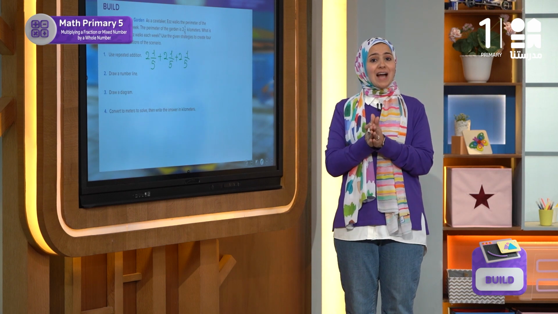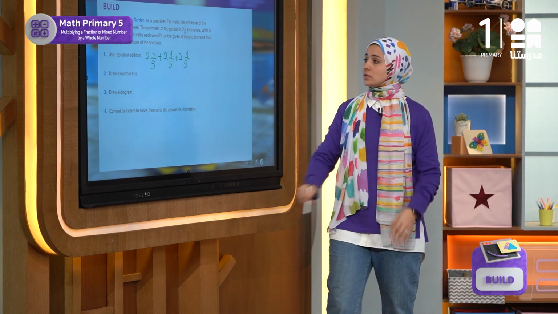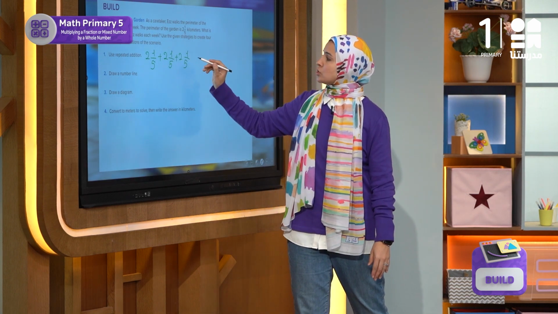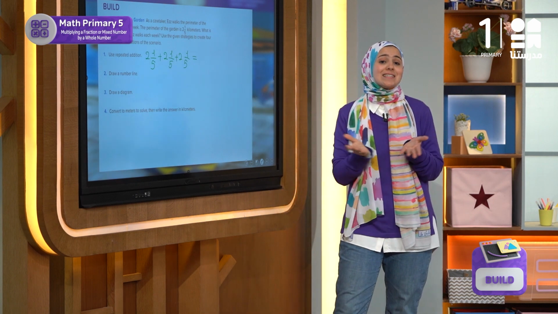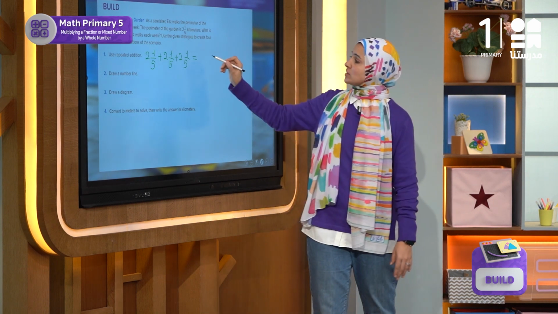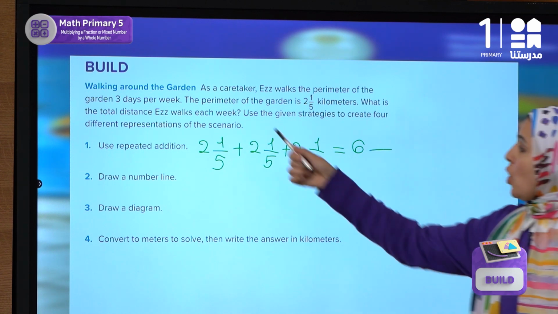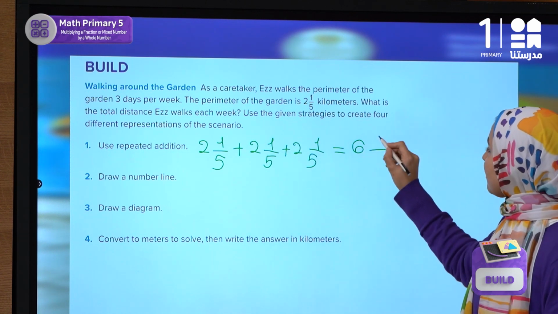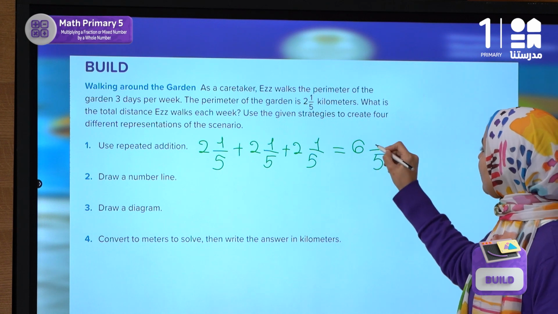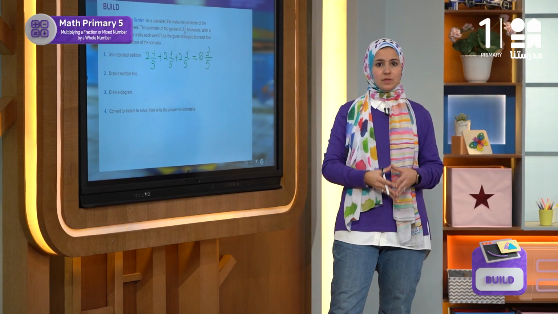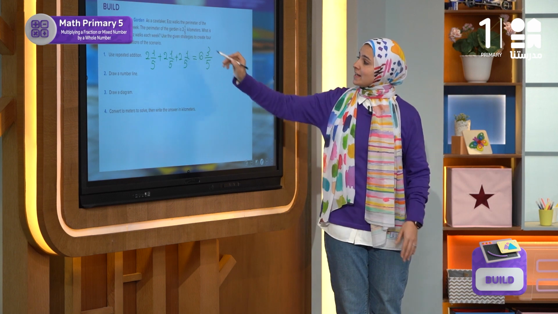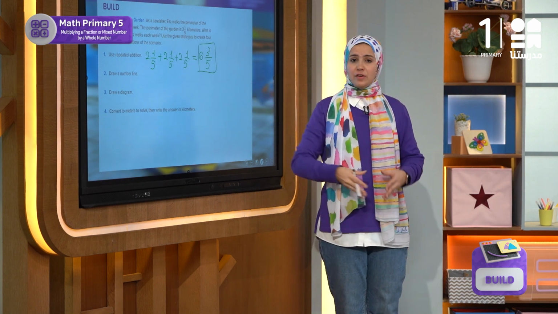Now we will add the whole numbers, which are 2 plus 2 plus 2, so I will get 6. And then we're going to add the fraction parts, which are 1/5, 1/5, 1/5, so it's 3/5. So the final answer is 6 and 3/5.